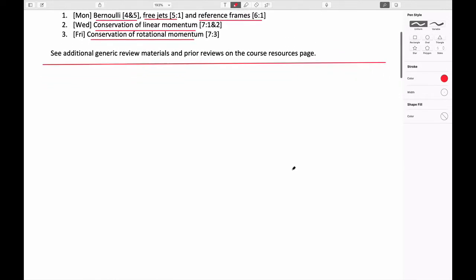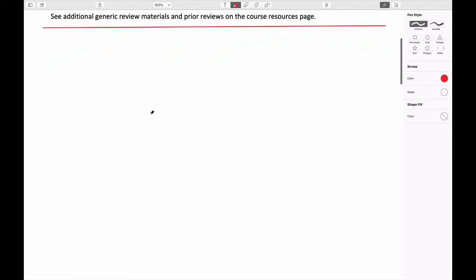So if we go through the individual material, the first stuff is on Bernoulli. We know that from Bernoulli we can equate, and we should probably draw a diagram first, that within x and z, z is positive upwards, x is horizontal, we can define a streamline.